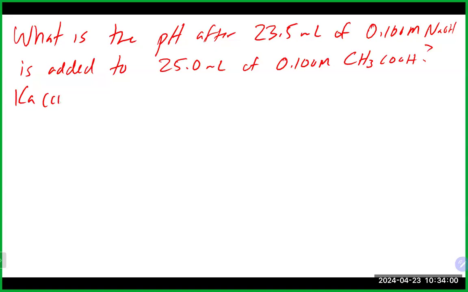Ka for acetic acid, everybody's favorite, 1.8 times 10 to the minus 5. All right, so take it and work it out. I'll do it as well.